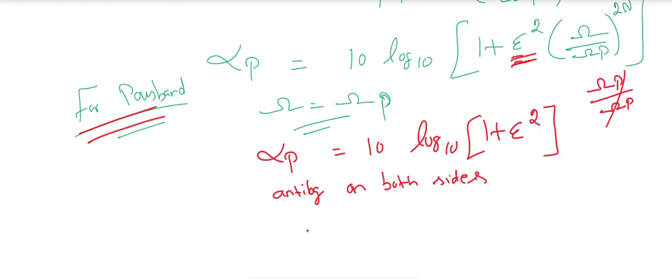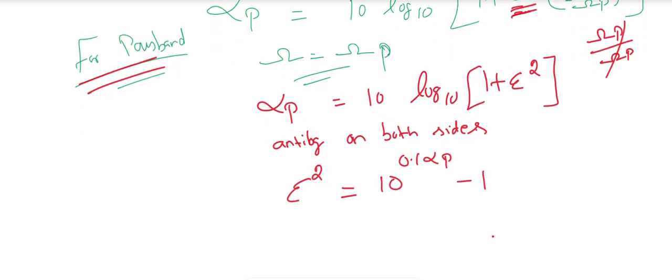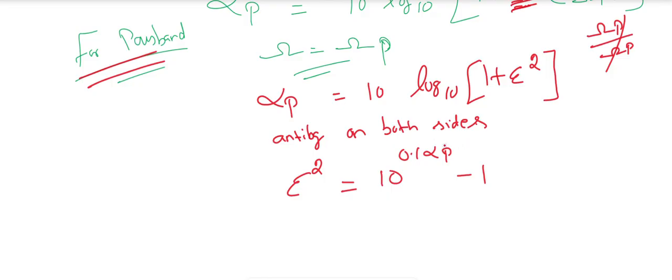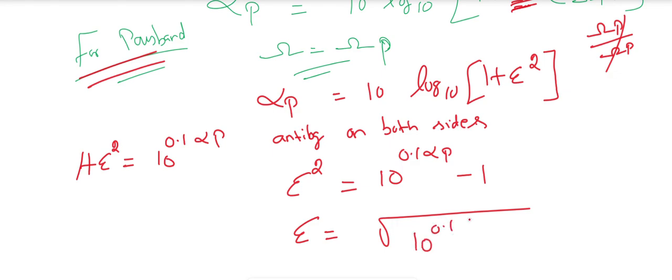Then 1 plus epsilon squared is equal to 10 to the power 0.1 alpha p. So epsilon squared is equal to 10 to the power 0.1 alpha p minus 1, and epsilon is equal to the square root of 10 to the power 0.1 alpha p minus 1. So this is your epsilon.